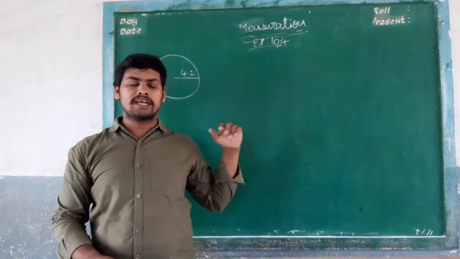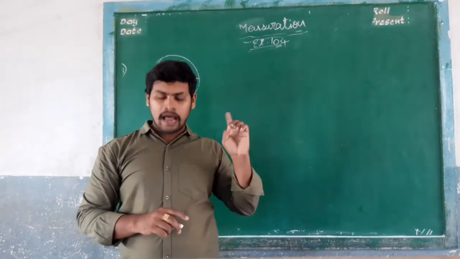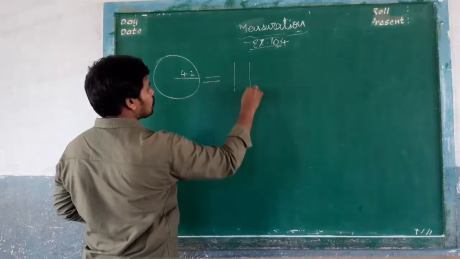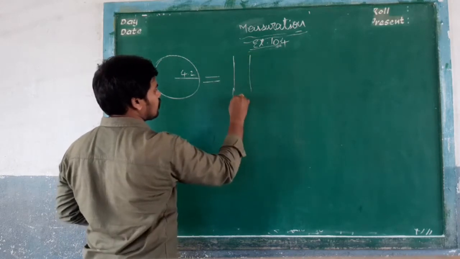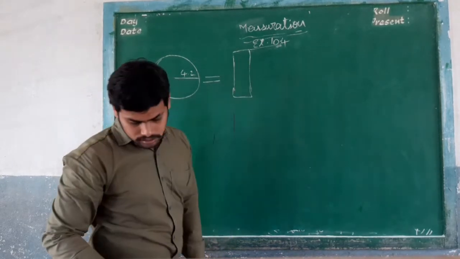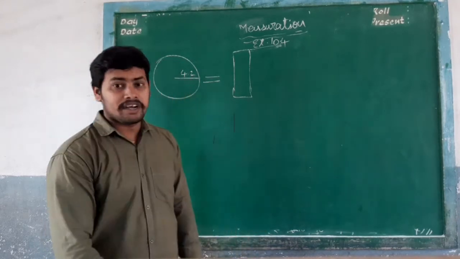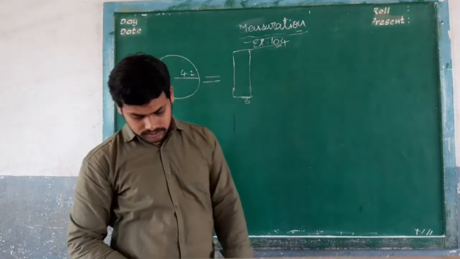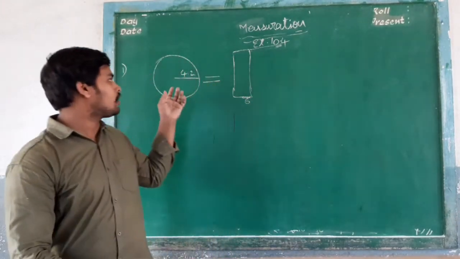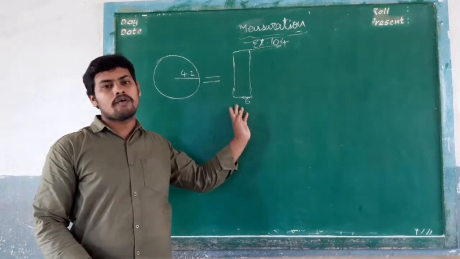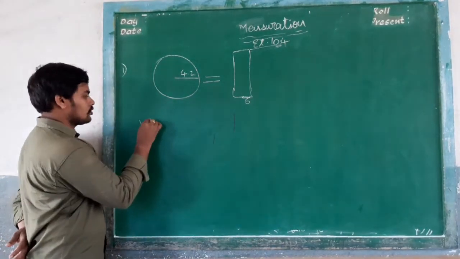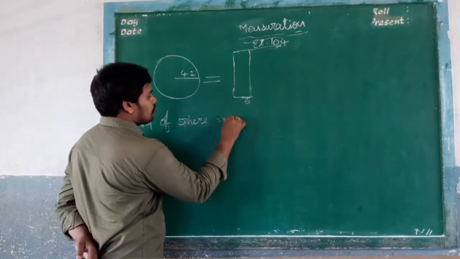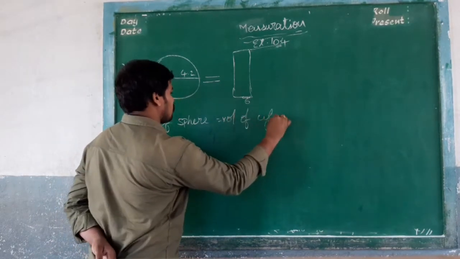A metallic sphere of radius 4.2 centimeters is melted and recast into the shape of a cylinder of radius 6 centimeters. Find the height of the cylinder. Here the volume of the sphere is equal to the volume of the cylinder.